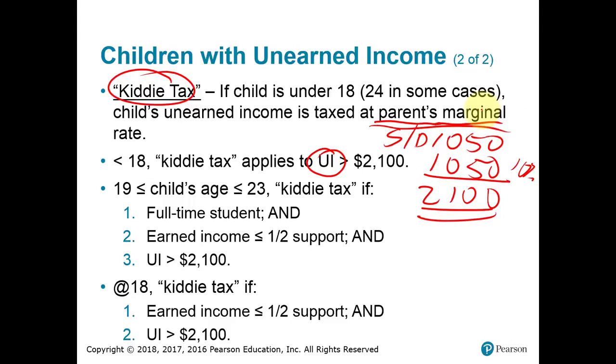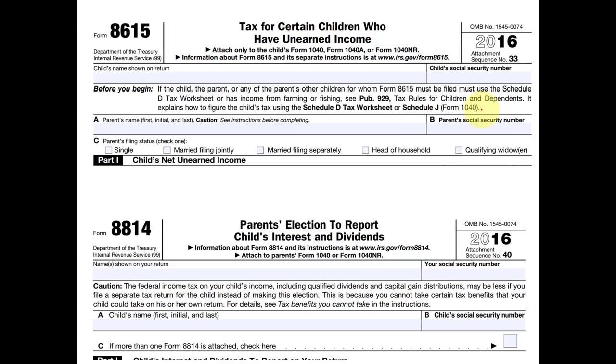And it can get into a quite complicated calculation because certain types of income that we'll see in the next few slides are taxed at lower rates than the regular rate we've been working with. So there are tax forms to calculate this kiddie tax. If you want to calculate the kiddie tax on the child's return, you would use form 8615.